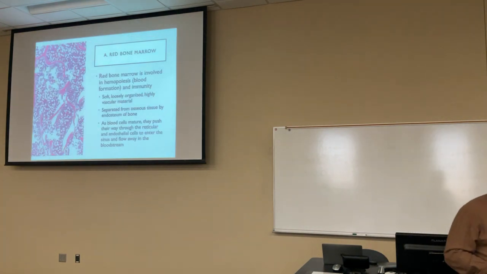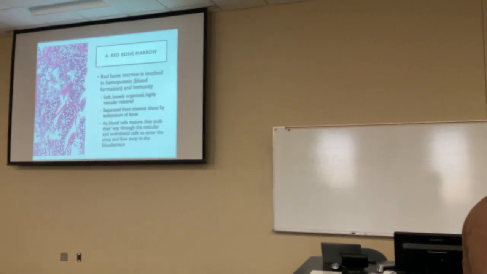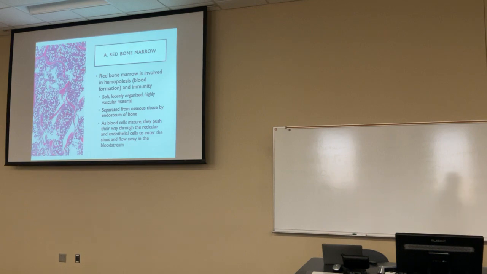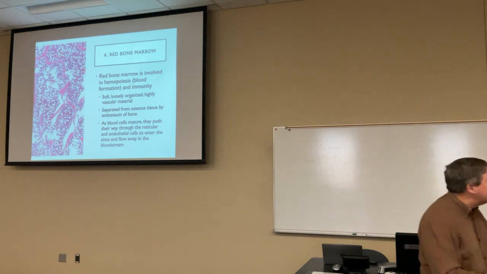Okay, so the very first of the primary lymphatic organs is red bone marrow. Now, you wouldn't think that red bone marrow would constitute an organ, but it actually does. Red bone marrow is involved in hemopoiesis, which is blood cell formation, and also immunity, because it produces the cells of the immune system.